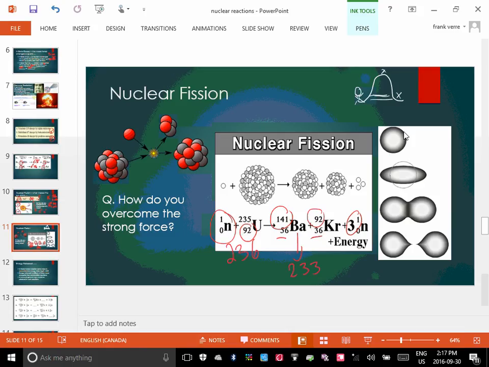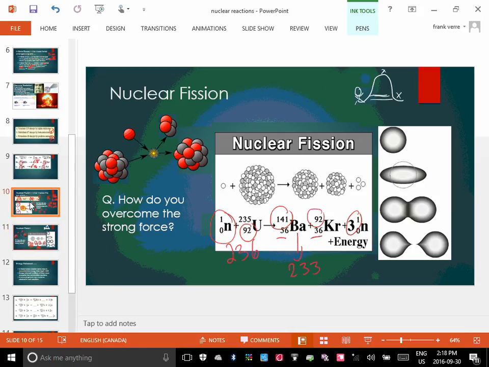The idea with the strong force is that it works over a very, very short distance. So when you take the nucleus and you stretch it out, now the strong force can no longer exert its effect because the nucleus is too stretched out. Whereas the electromagnetic force is the opposite. It works over a long distance.